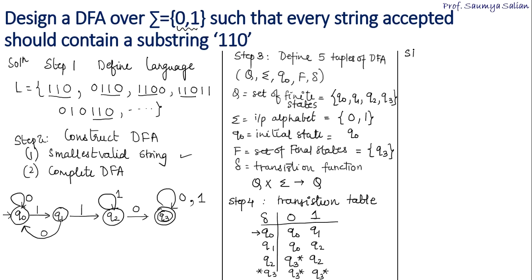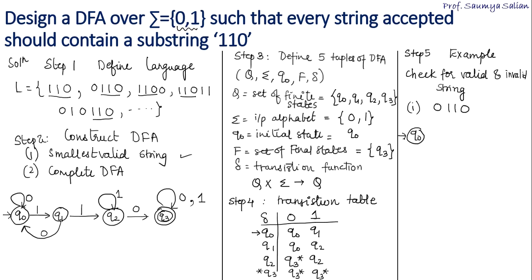Correct? Last step, step 5, is to give an example, that is, check your machine for a valid and invalid string. Fine? So let's take up a valid string here. A valid string can be 0, 1, 1, 0. It contains a substring pattern 1, 1, 0. So let's proceed from Q0 state. If I get the input 0, which state am I going to? I am going to state Q0.